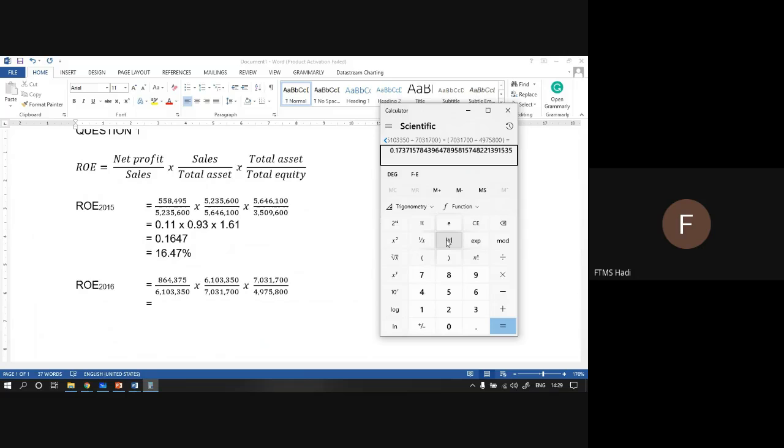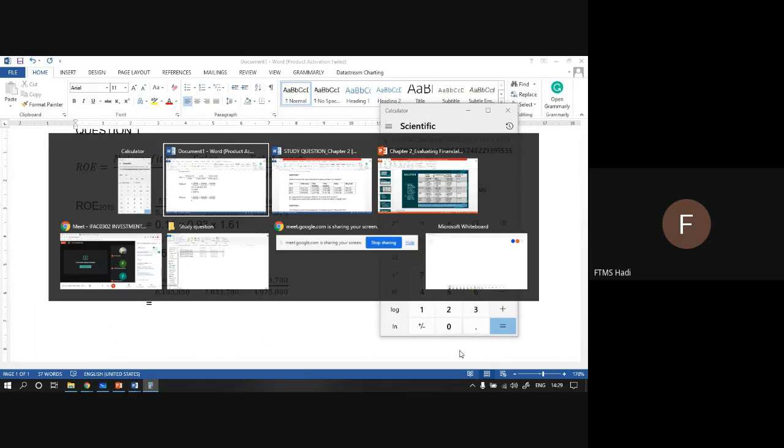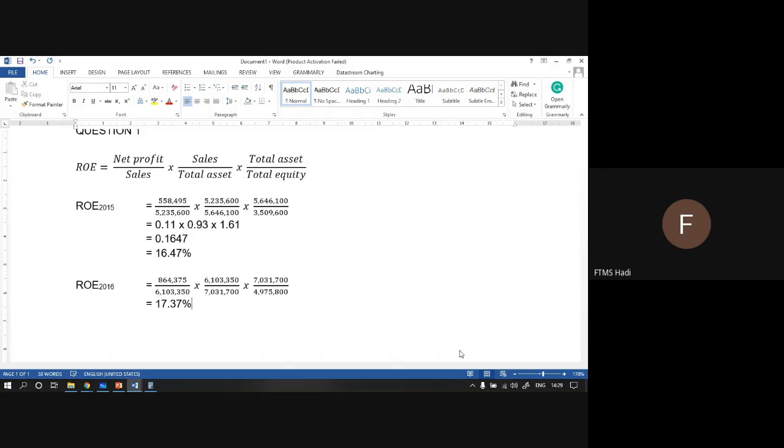Okay, you get there 0.1737, and then you just straight away multiply by 100, 17.37%. That is the second answer for 2016.